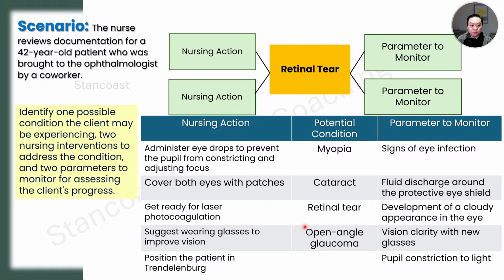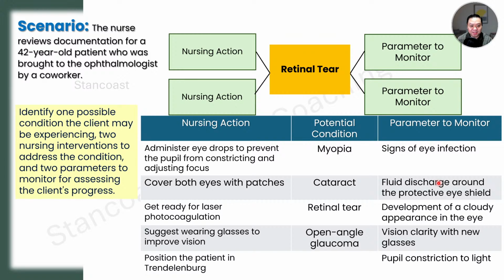Now, what about the cataract? This is also incorrect. We know that the cataract involves gradual clouding of the lens. It can lead to the blurring of vision, dimmed vision, and it doesn't involve shooting stars like what the client reported in his verbal report.